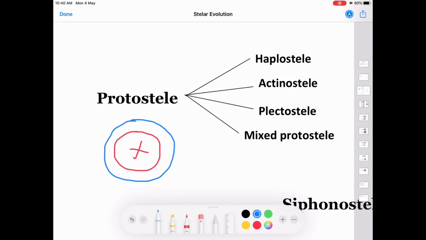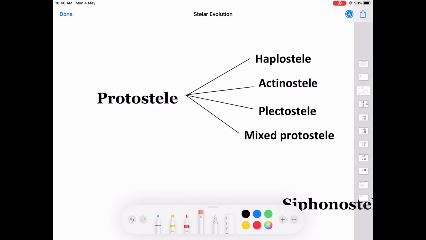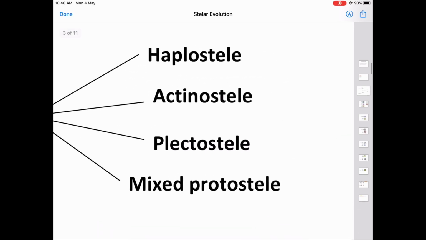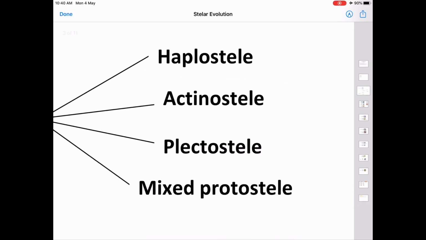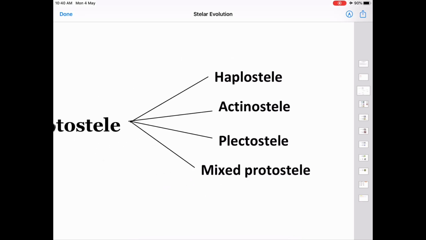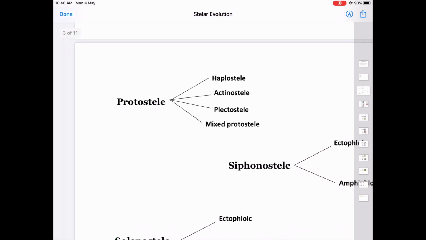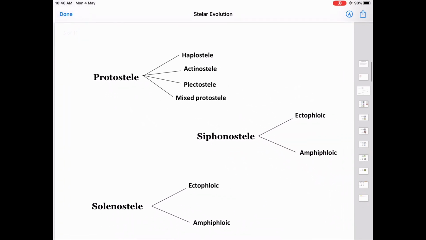So, it can be defined as xylem surrounded by the phloem. The Protostele is divided into 4 different types. They are the haplostele, actinostele, plectostele and mixed protostele. This division is based on the nature of xylem present in a protostele.